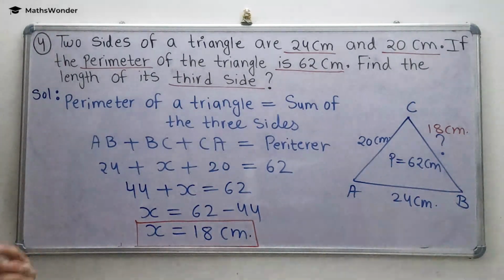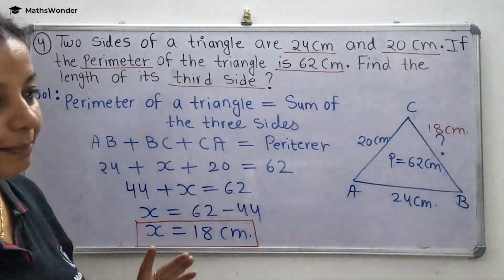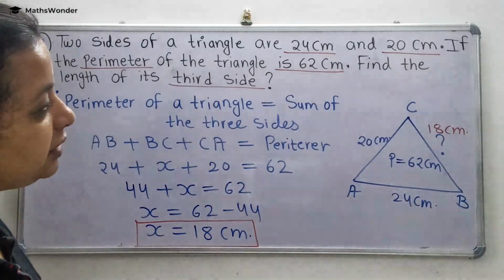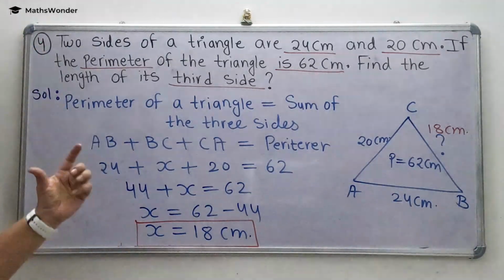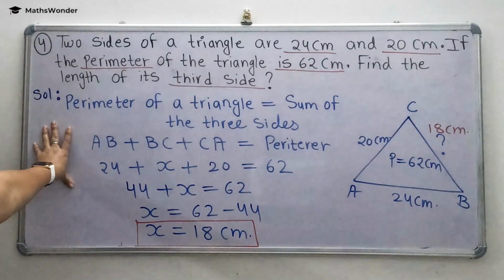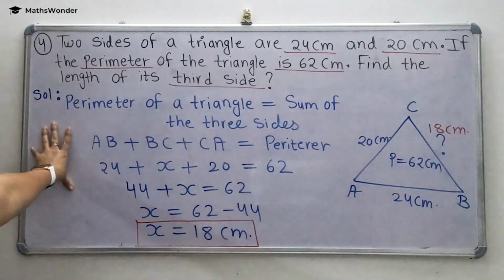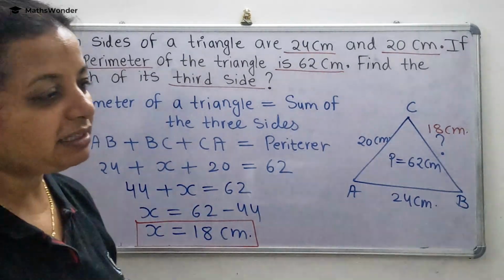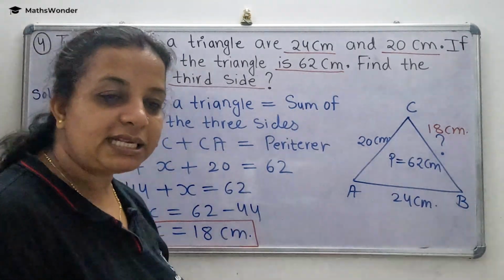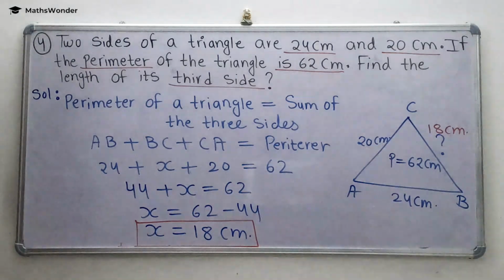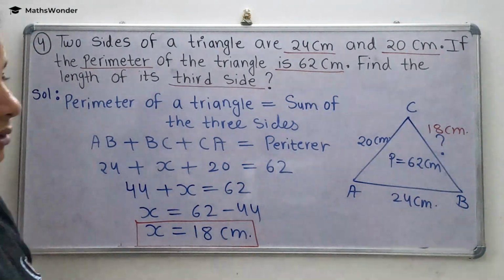You just divide it, you will get the perimeter of the shape. Once you get the perimeter of the shape, then check what information is given in the question. So in the third question, we have been given the length and you have to find the width. So perimeter is given, length is given, width you can easily find. This was the third question.